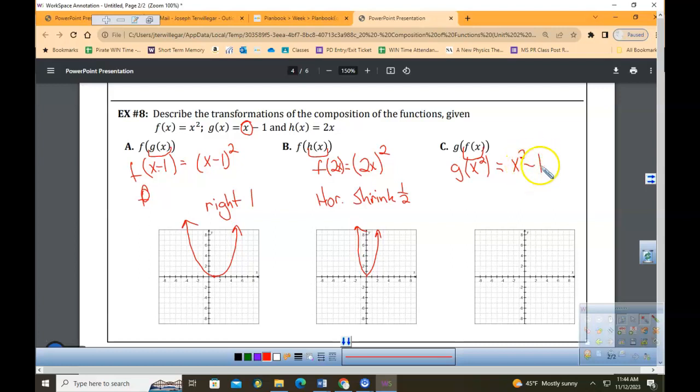And now this one, the minus 1's on the outside, so I'm going to go down 1 and draw my x squared. There we go. Not too bad. I'm going kind of quick, but y'all are smart cookies.